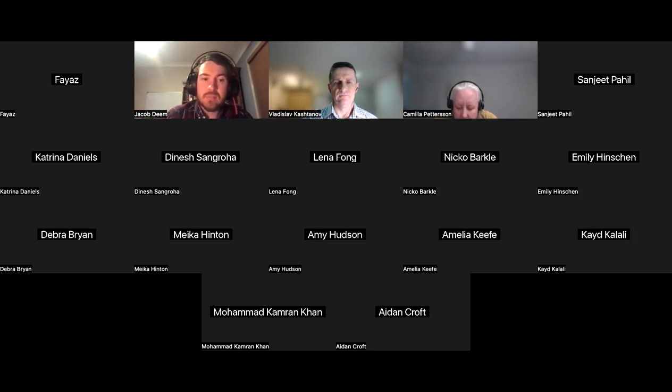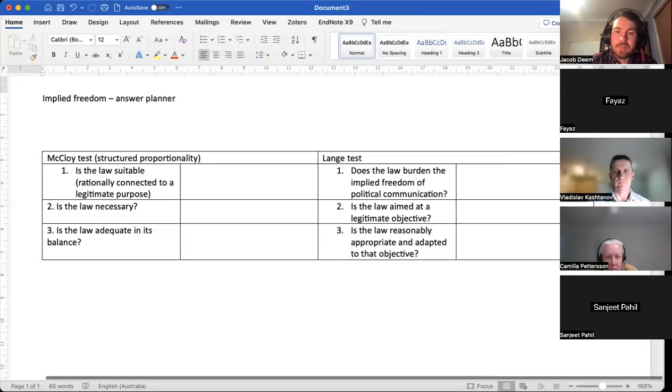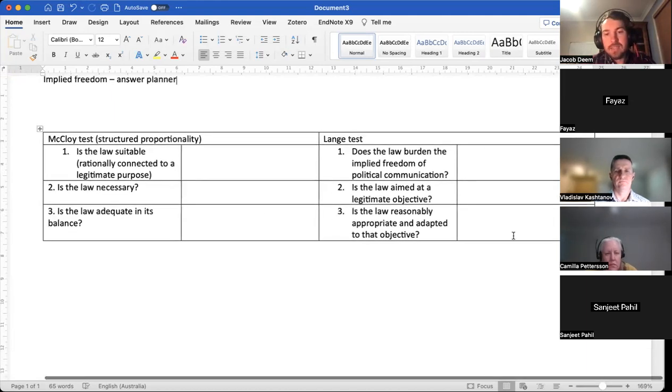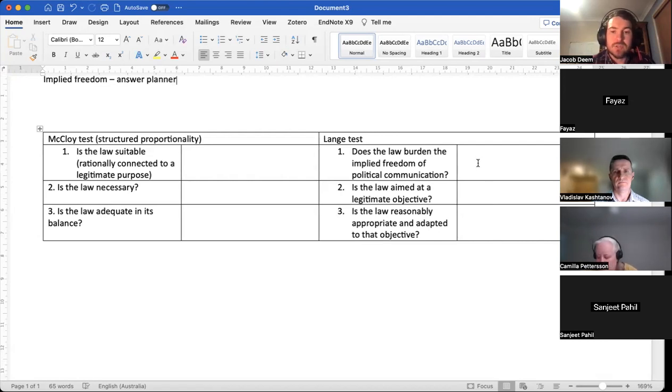And then I've done up, this one's not on Moodle yet, but I'll post that up with the recording, something that might help you plan an answer. Let's say in an exam, you can set out your answers to the structured proportionality approach, and then set out the way that you'd address those issues under the previous test from Lang, and then it's all on the one page.